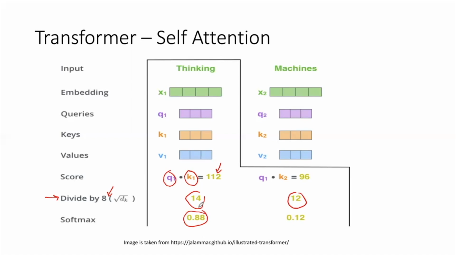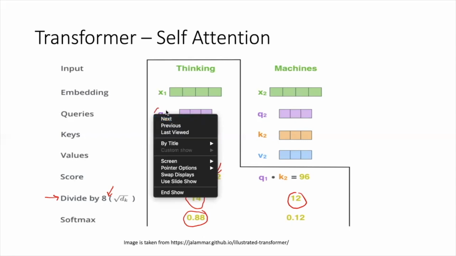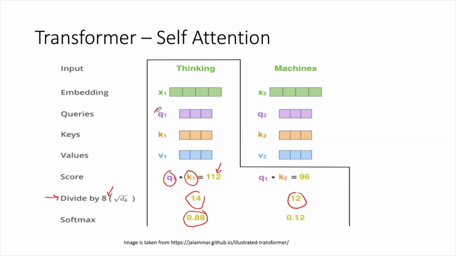So once we compute these similarity scores for this query Q1 with respect to all keys, we take only one Q1 and find out the relevance of various keys. Then we normalize it and we get these softmax scores.